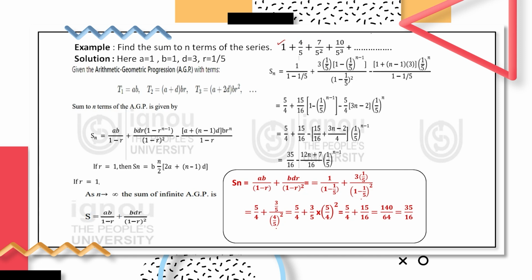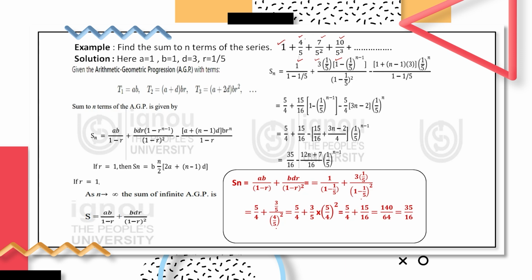The simple observation when you get this type of numerical is that the terms in the denominator are 5, 5 square, 5 cube, and the terms in the numerator are 4, 7 and 10. So, you can see that the repeated pattern in the denominator follows a geometric progression, and the numerator follows an arithmetic progression.